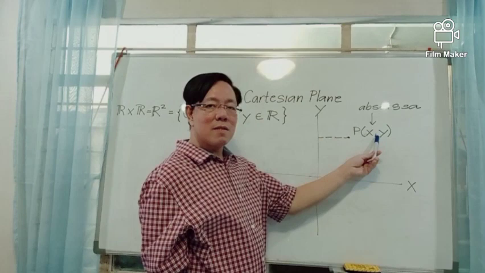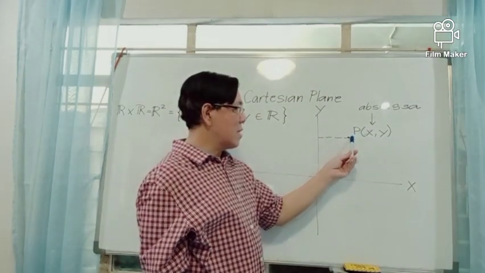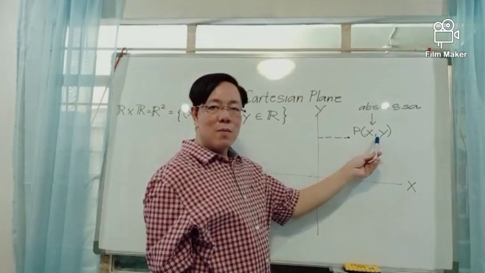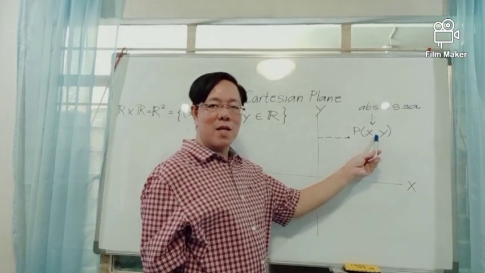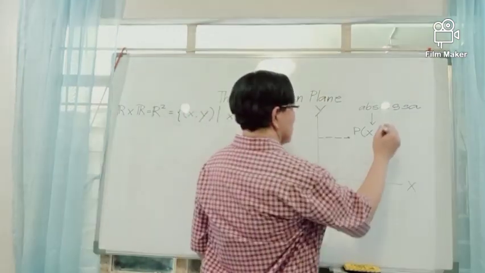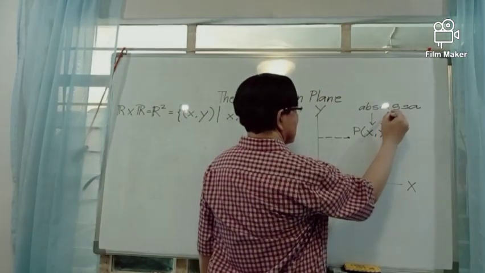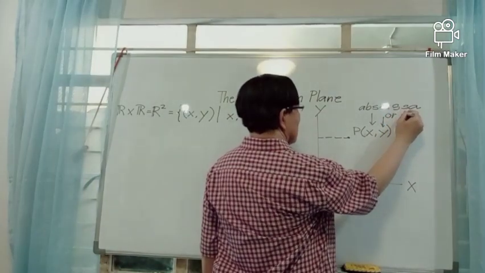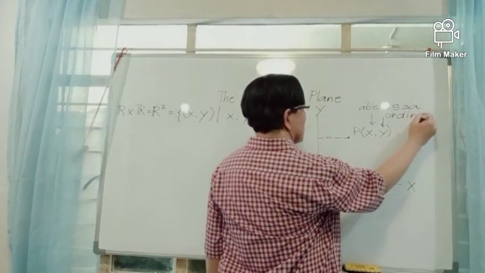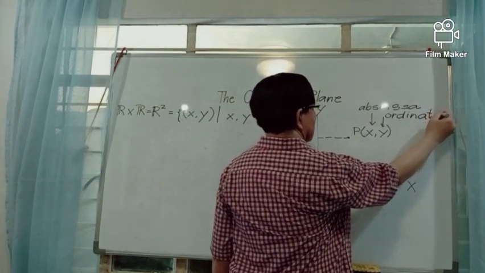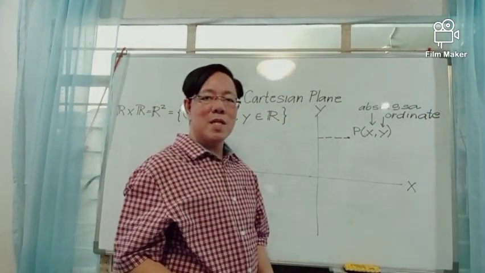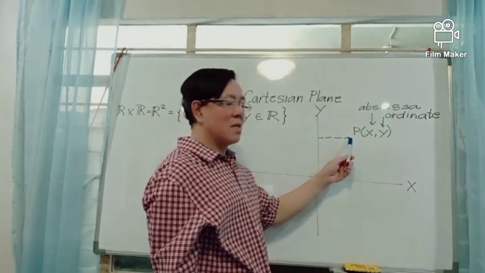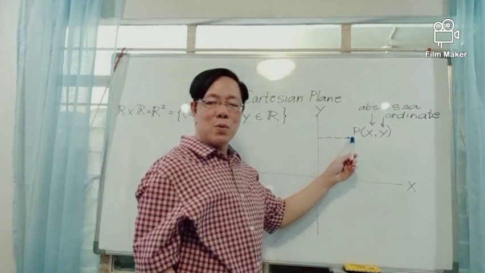The second coordinate of point P, y, is called the ordinate of the point. The second coordinate of point P is known as the ordinate of point P. So point P has two coordinates.